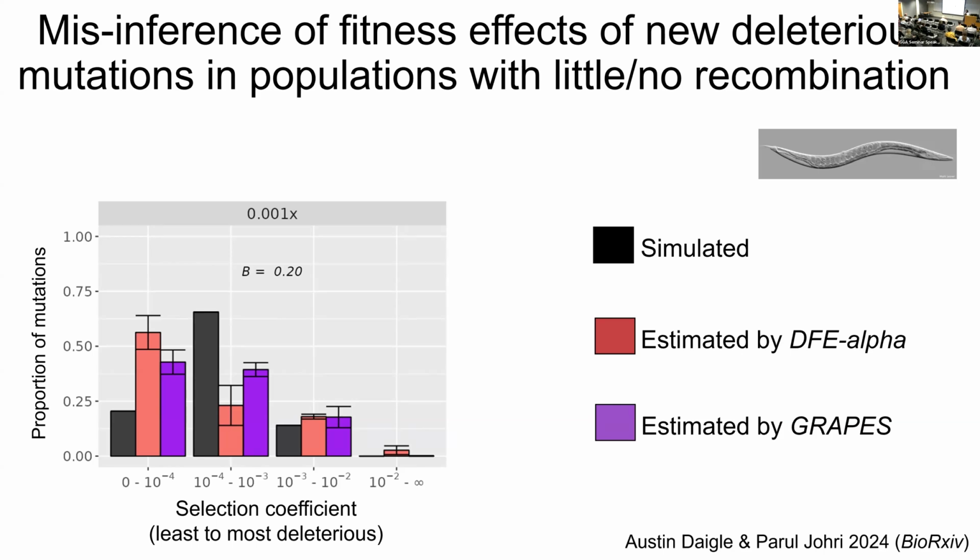So they have a lot of linkage in their genomes. If you perform similar inferences of selection using current methods, you get a pretty strong bias again. Here, the black bars show what the selection coefficients truly were, what was simulated, and the red and purple bars show what we actually estimated using these methods. The point is that there is a bias, and you don't get accurate selection coefficients using these methods if there is a lot of linkage.